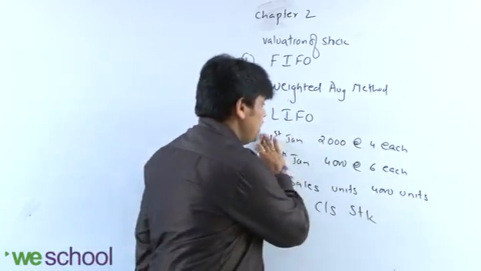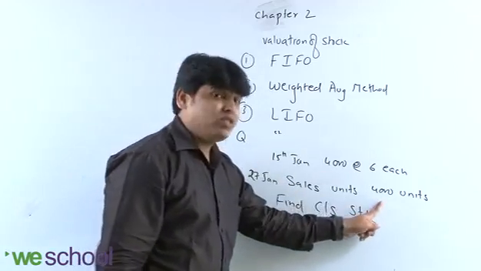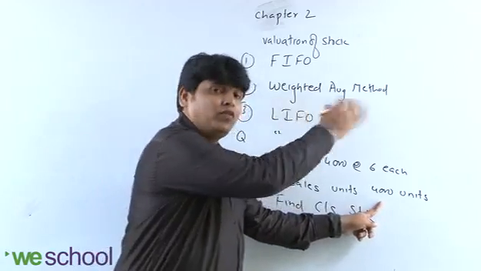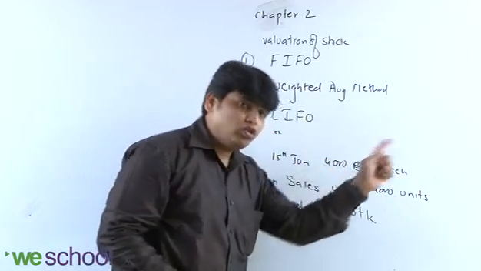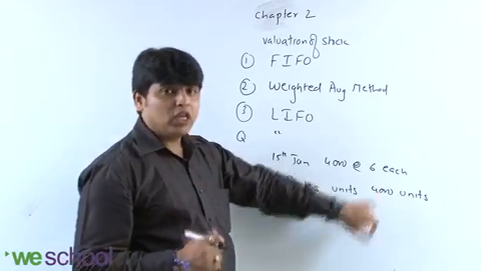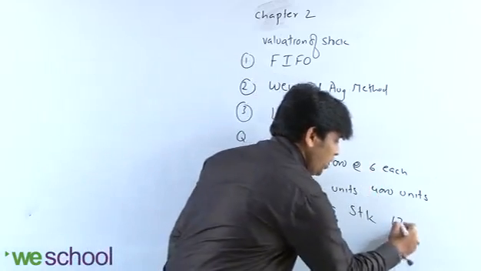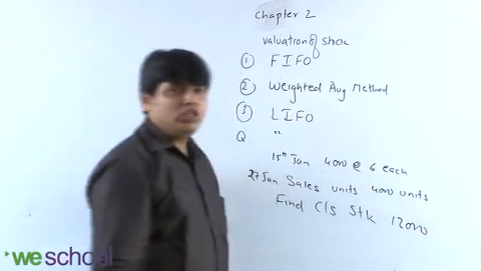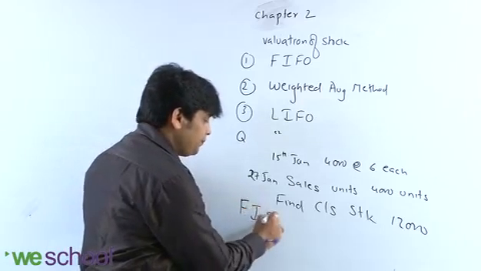First in, first out. 2000 is gone, but I have to sell 4000, so 2000 from the first lot and the remaining 2000 from this stock. Again 2000 is gone. So the stock which is remaining is at the rate of 6 rupees. 2000 units remain: 2000 into 6 is 12,000, the cost of closing stock as per the FIFO method.